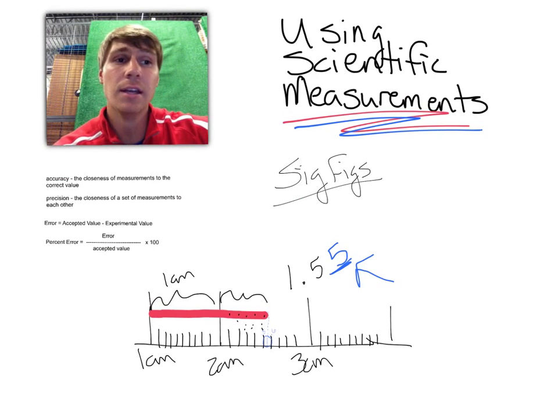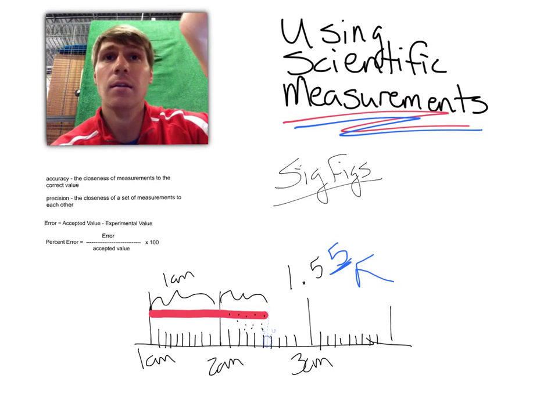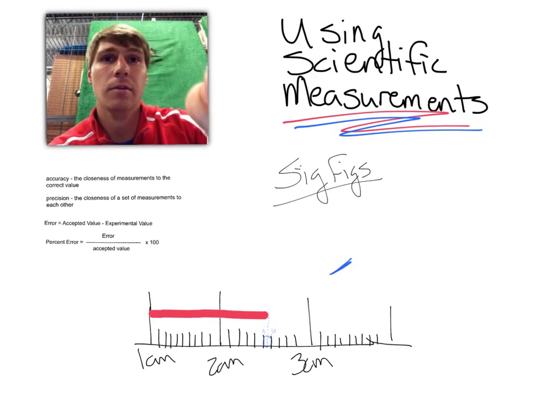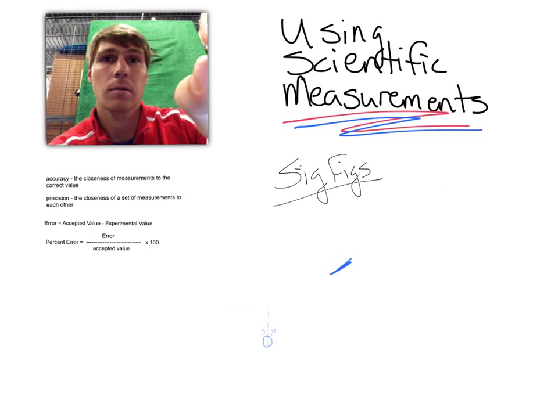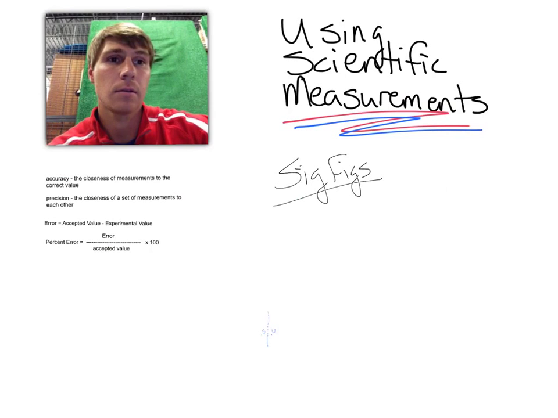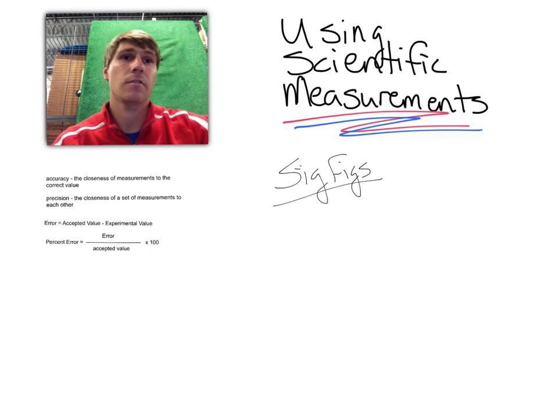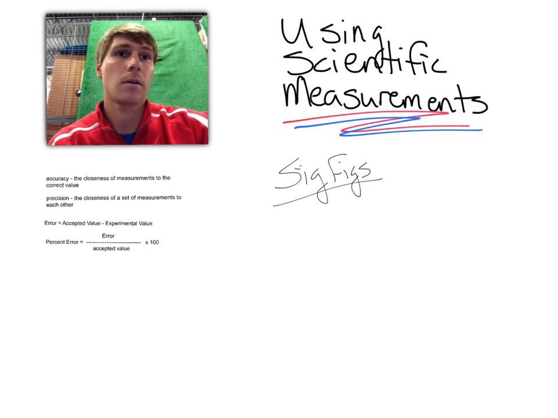Alright, so let's go ahead and get a definition down for that. I'm going to get rid of this. There's quite a few of them to get rid of. All separate. Alright, there we go. So here is going to be our definition for significant figures.